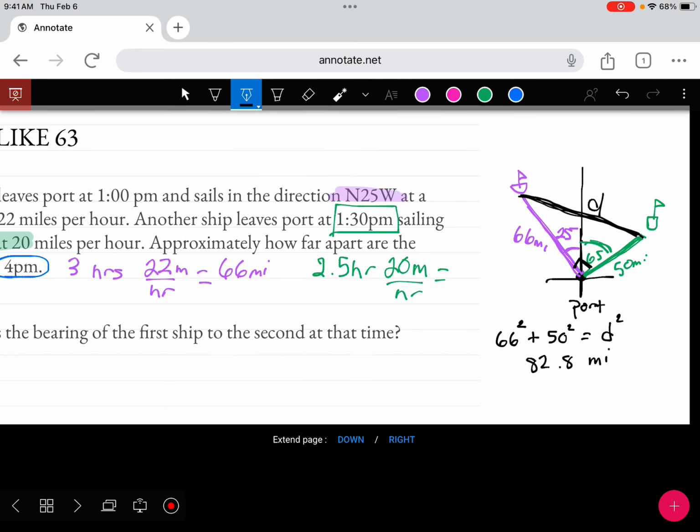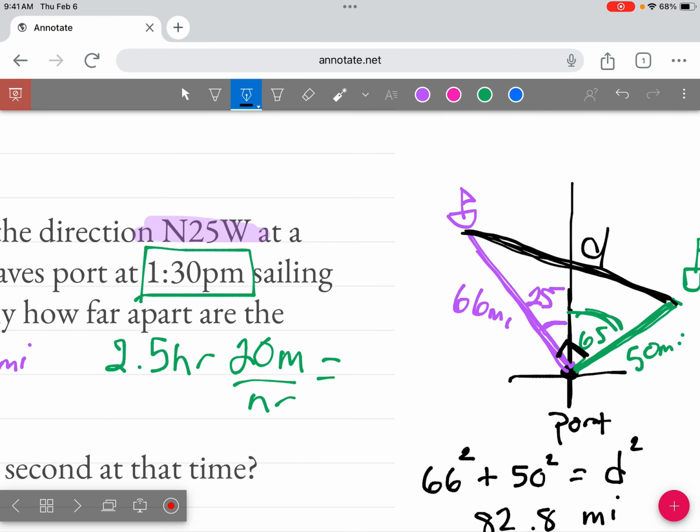The tricky part of this is figuring out the bearing from the purple ship to the green ship. What we need is I want to know what direction to take on that black line right there. What is this angle here?